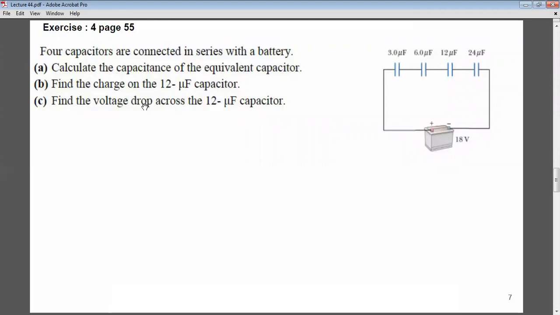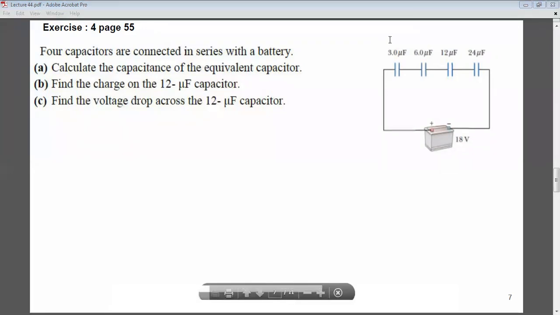Okay, so four capacitors are connected in series to a battery. Let's also call them C1, C2, C3, and C4. Calculate the capacitance of the equivalent capacitor.